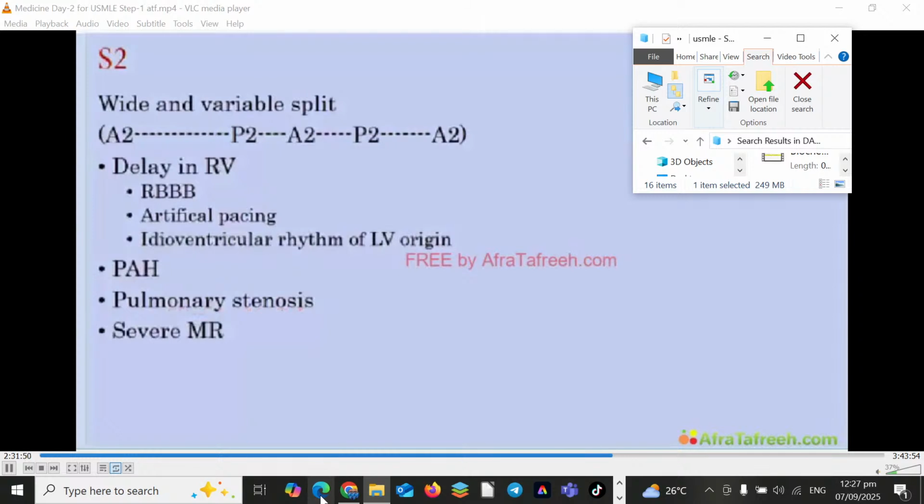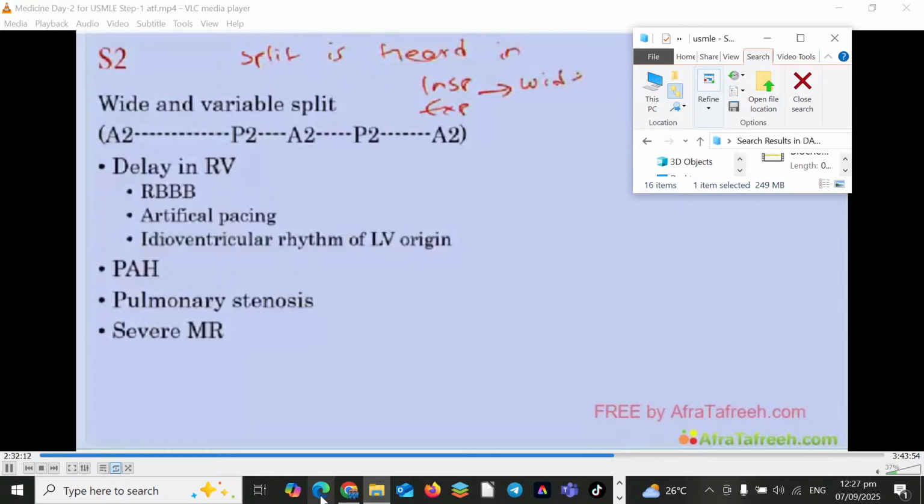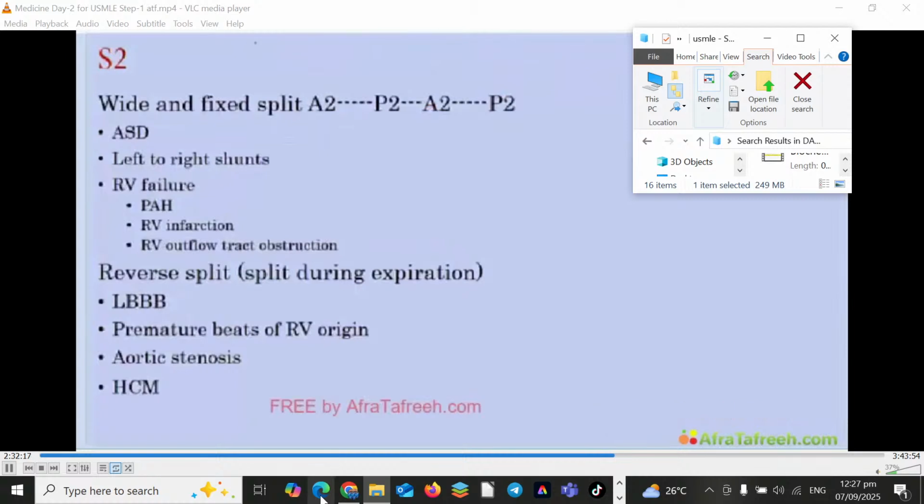What this means is this lub dadap, lub dadap can be heard during inspiration as well as during expiration. So when the split is heard in inspiration and expiration, it is called a wide split.